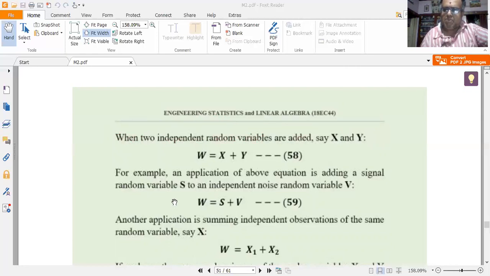For example, if S is the signal that is arriving at the receiver of my mobile, then along with the signal S there would be some noise also associated with it. So if I denote the noise as N and the signal as S, then the signal that is received would consist of the signal S plus the noise N. So the noise can be represented as capital N or capital V.